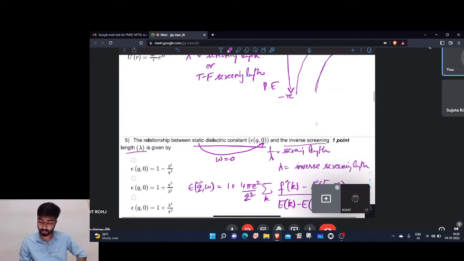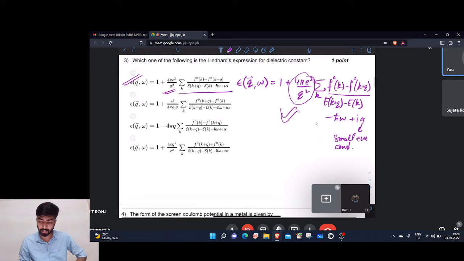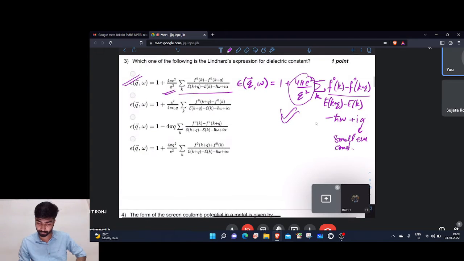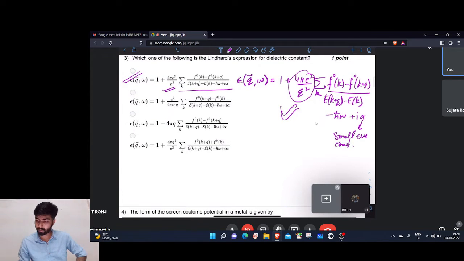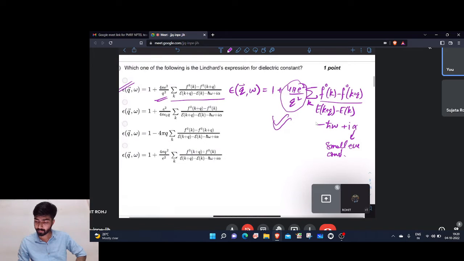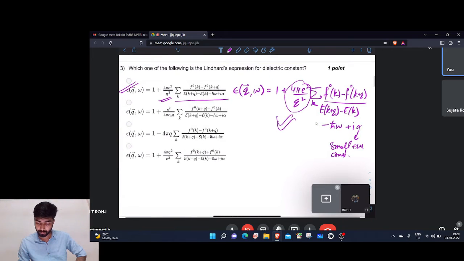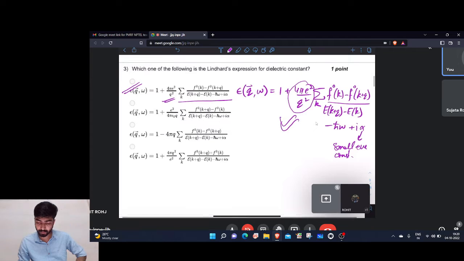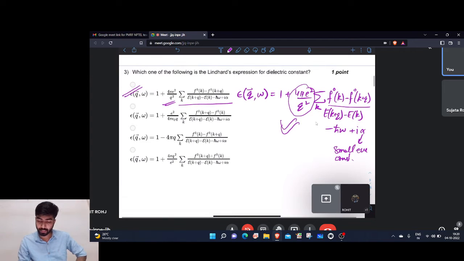Now in the earlier formulation we had, now there might be a correction here, that f naught k is the first term in the numerator, and epsilon k plus q is in the denominator.